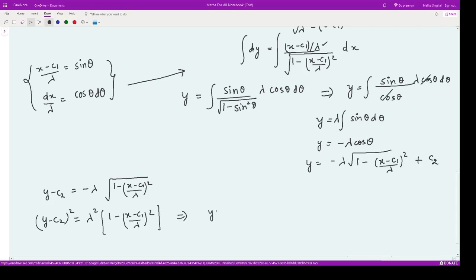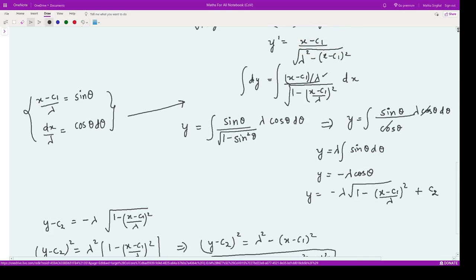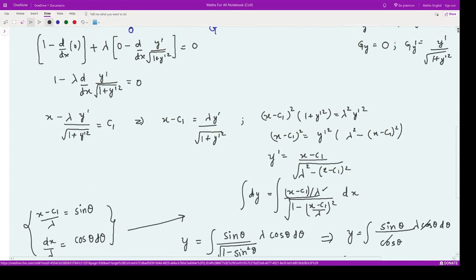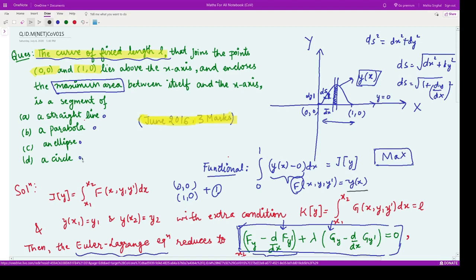So we have (y minus c2) whole square is equivalent to lambda square minus (x minus c1) whole square. So, rewriting this, we have (x minus c1) whole square plus (y minus c2) whole square is equal to lambda square. So clearly this is the equation of a circle. So our answer would be the given extremal of the functional is a circle, right? So D is the correct option.